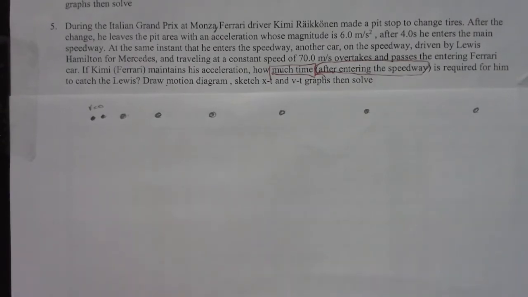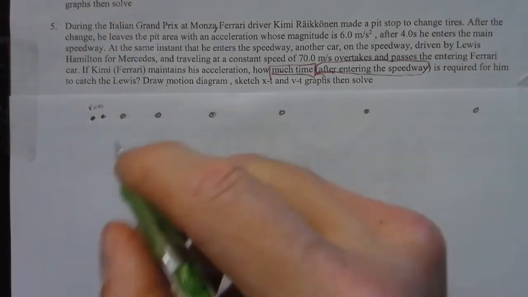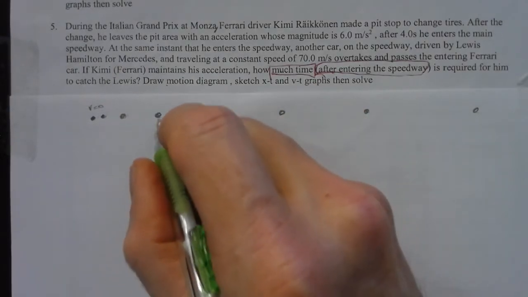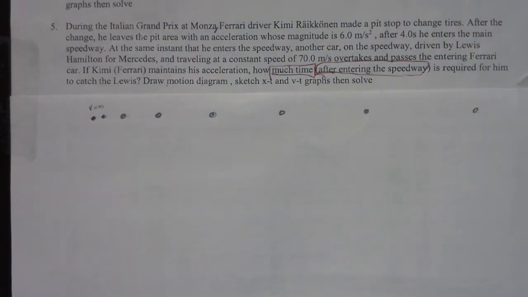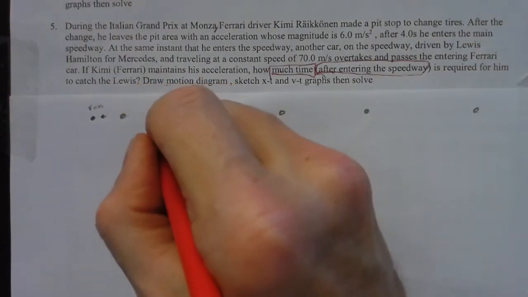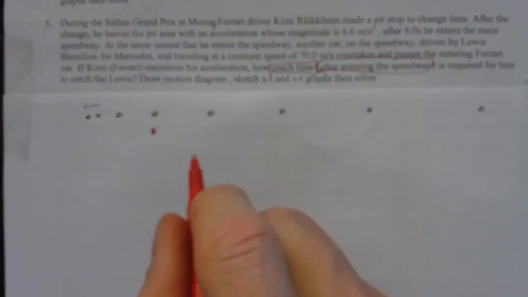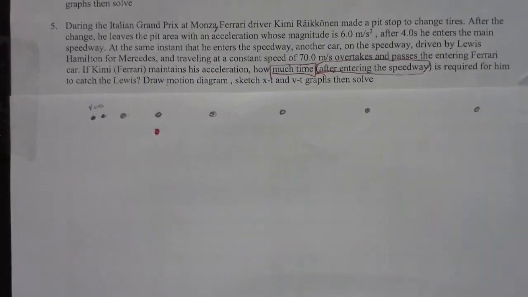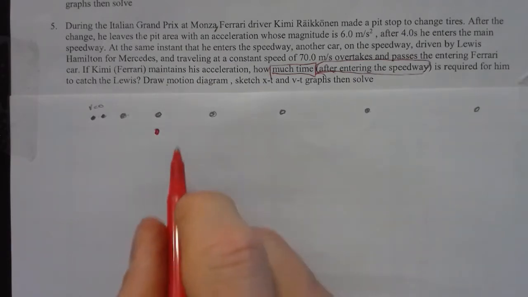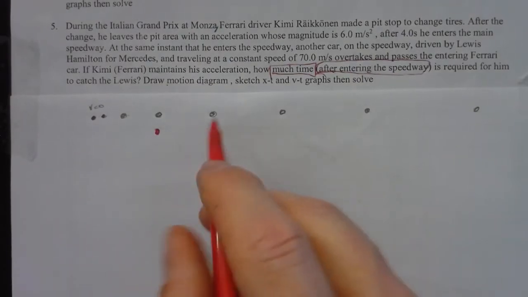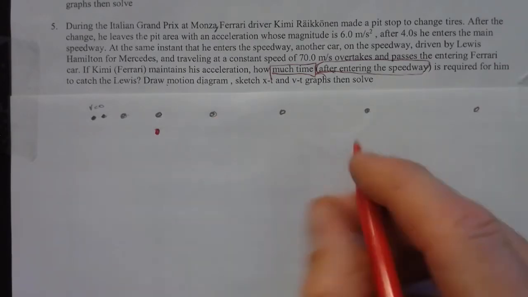Now, 4 seconds later, that's when Lewis is at the same place he is. So Lewis is here. I can make Lewis in red. Lewis is traveling faster, so he's got to get there in 1, 2, 3, 4 dots also.